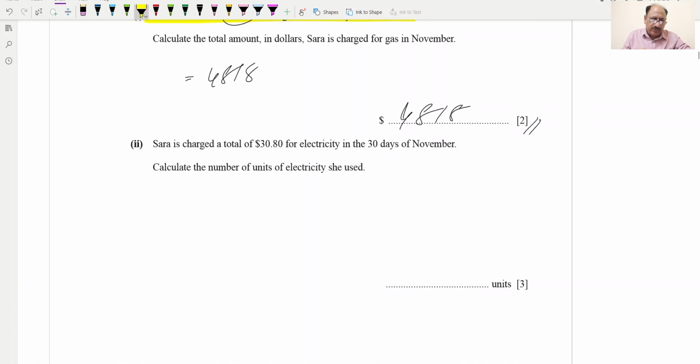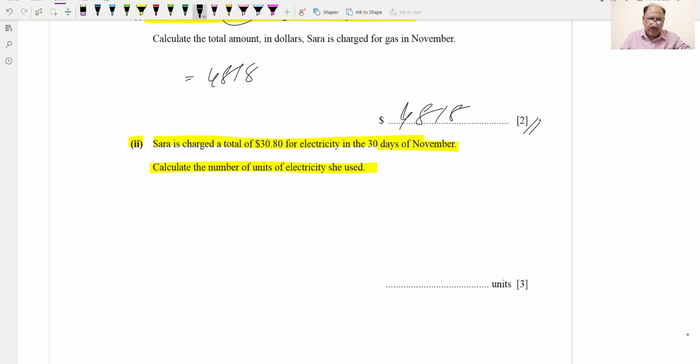Now B part, second part. Sarah is charged a total of $30.80 for electricity in the 30 days of November. Calculate the number of units of electricity she used. So what is the per unit cost?